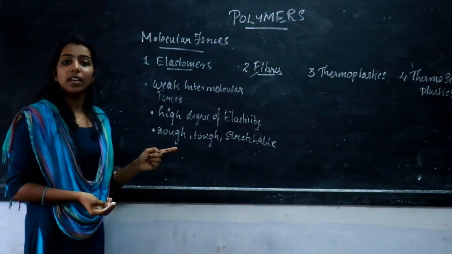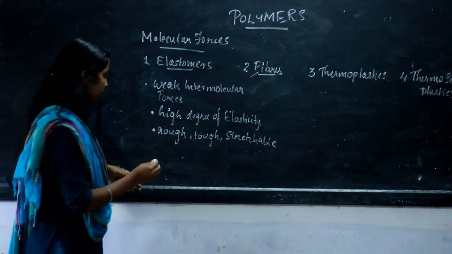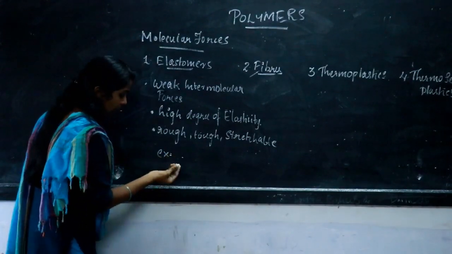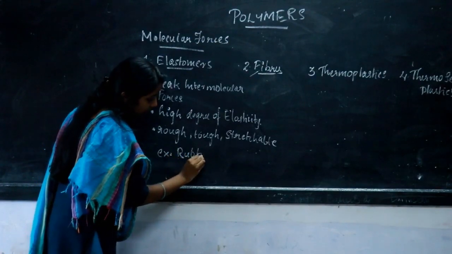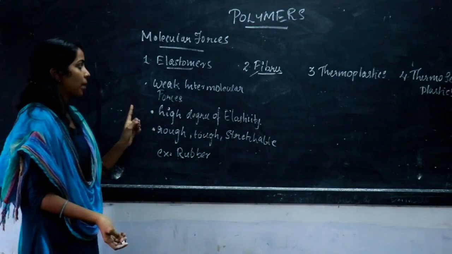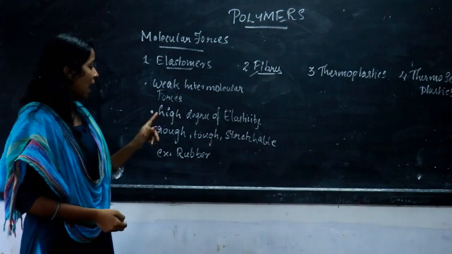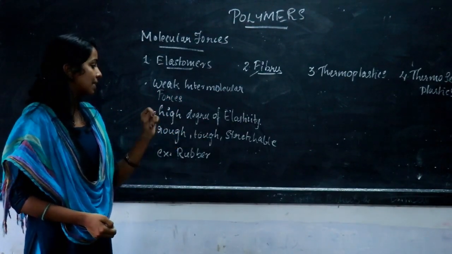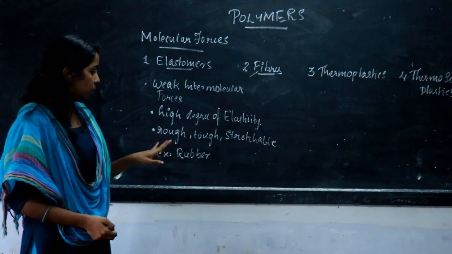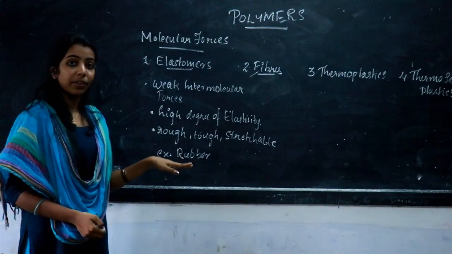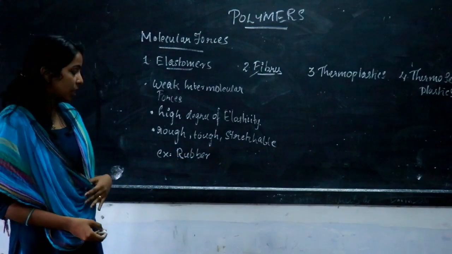And they regain their original position when the stretching force is removed. For example, natural rubber. Natural rubber is an example for elastomers.